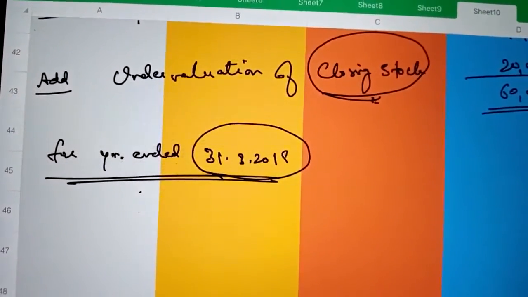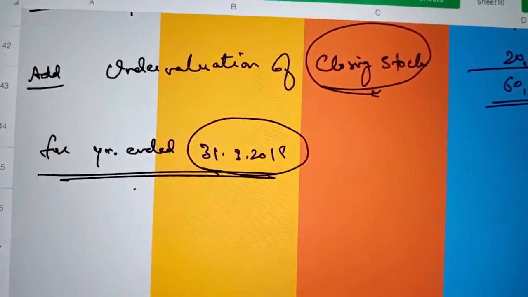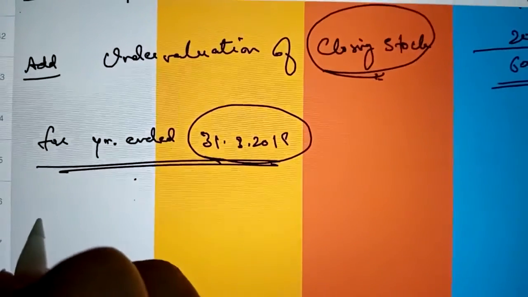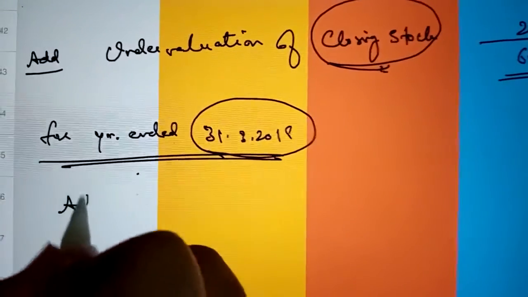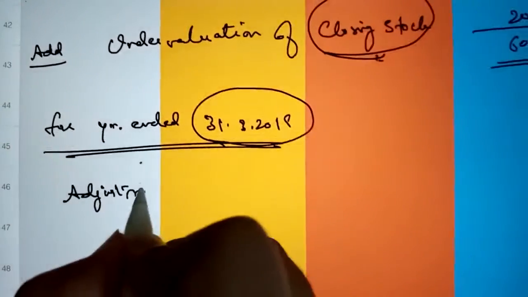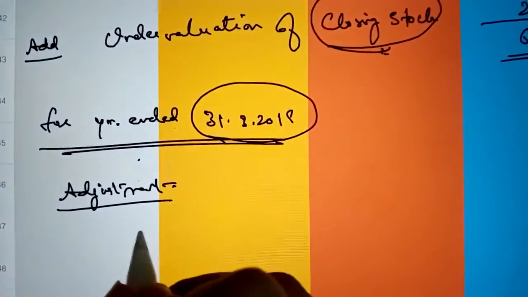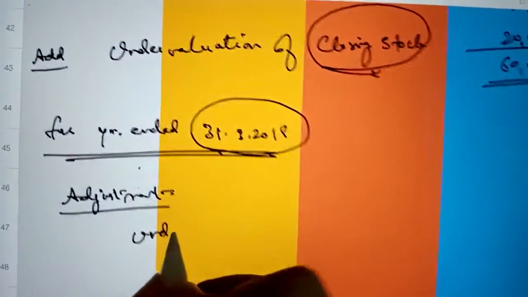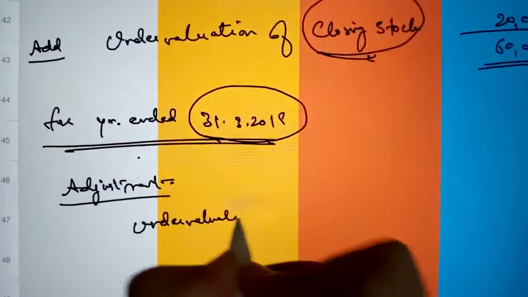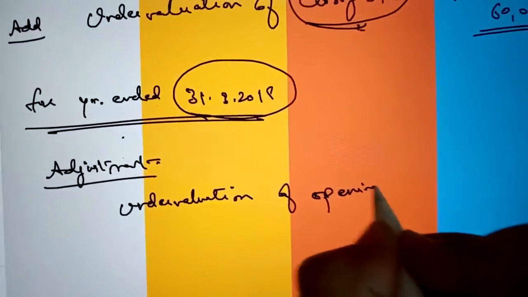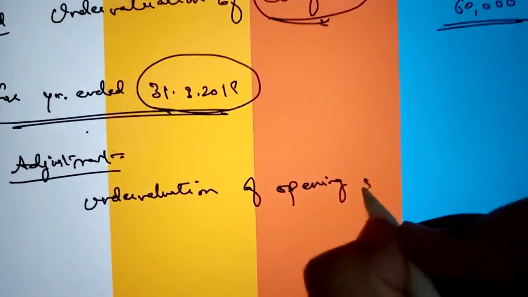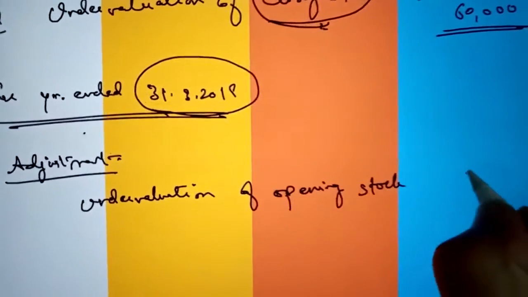So it should also be adjusted here in 2019. So we will write adjustments. Undervaluation of opening stock of same amount, it is 20,000.